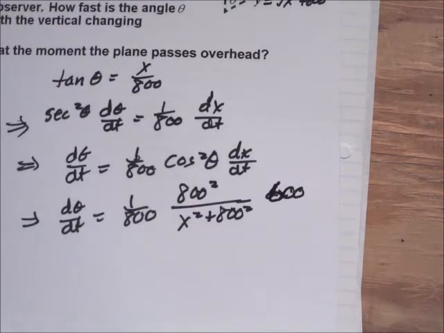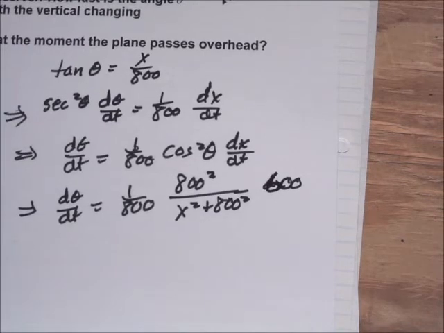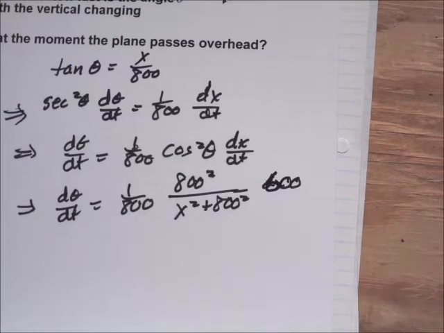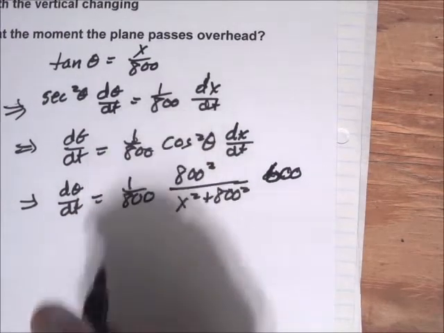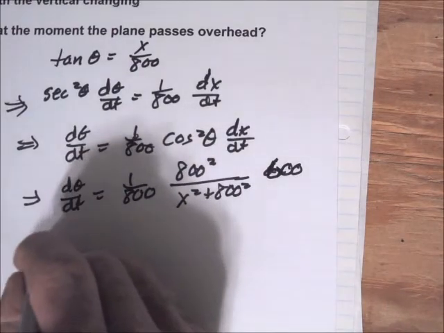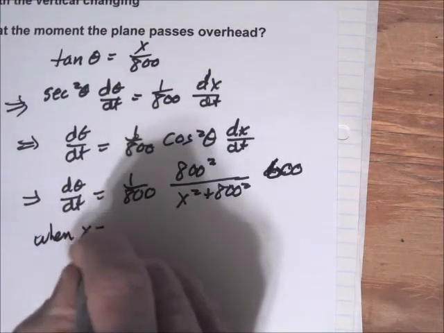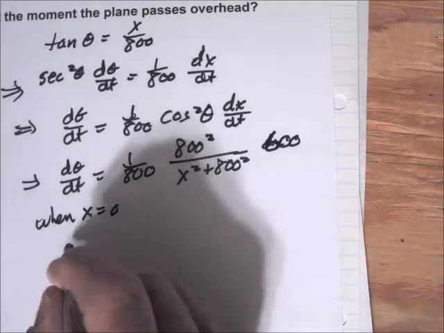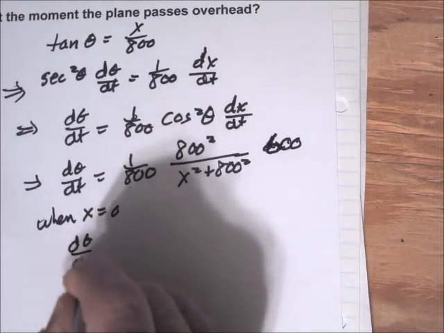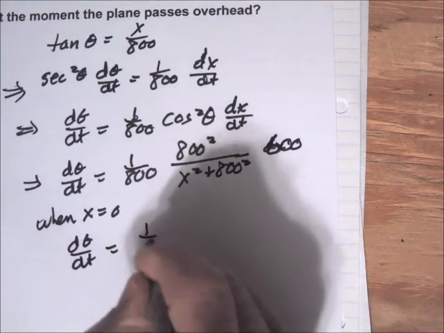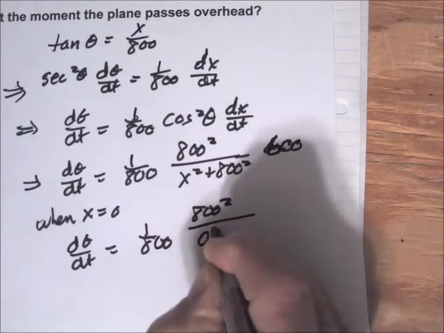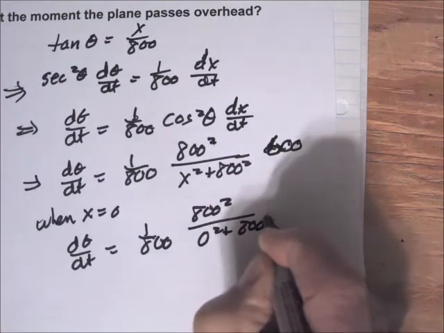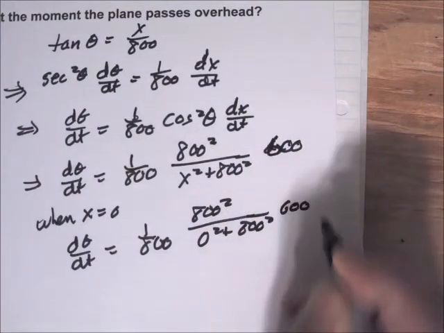Okay, so at the moment the plane passes overhead, x is going to be 0. So if you evaluate this when x equals 0, we have d theta dt is 1 over 800 times 800 squared over 0 squared plus 800 squared times 600.